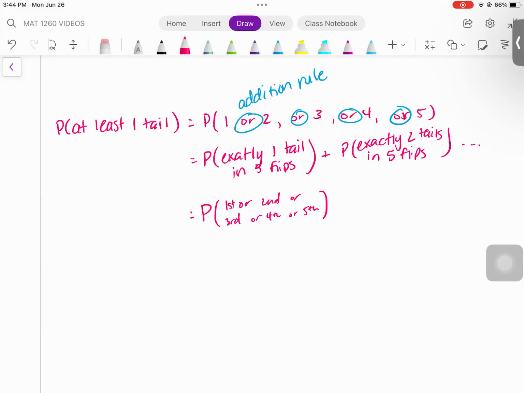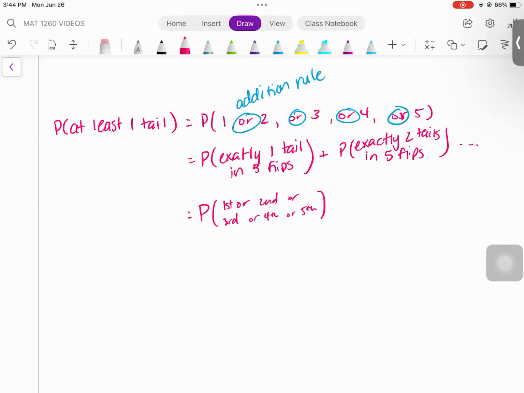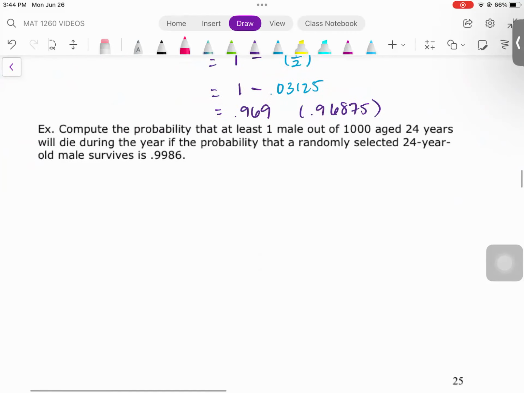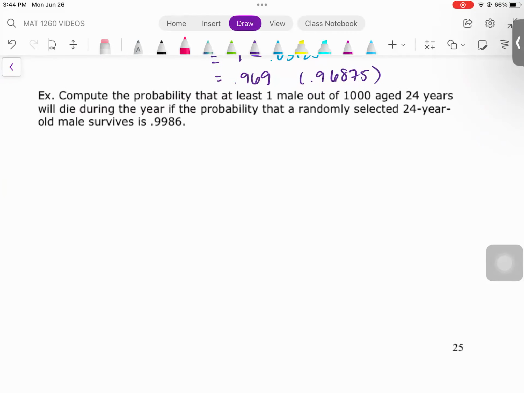While we could think of at least one in terms of an addition rule, it gets very complicated very quickly, and we're only talking about 5 flips. So hopefully you're starting to see the benefit of that at least one formula. But let's look at another example, and it'll be even more clear how important this is.